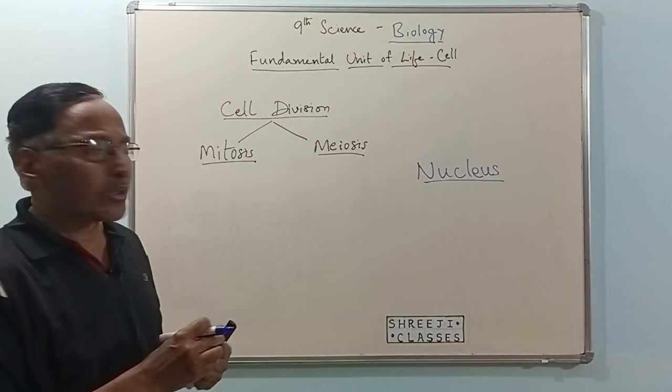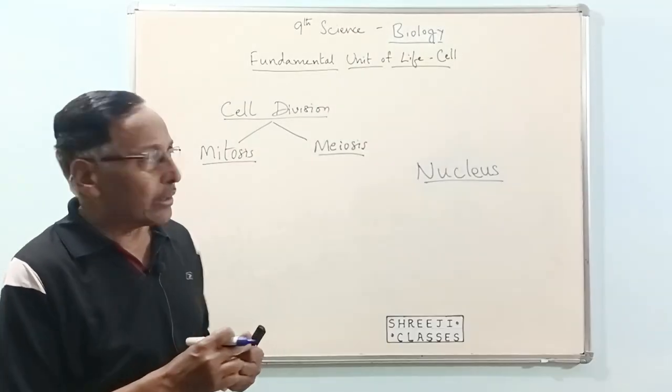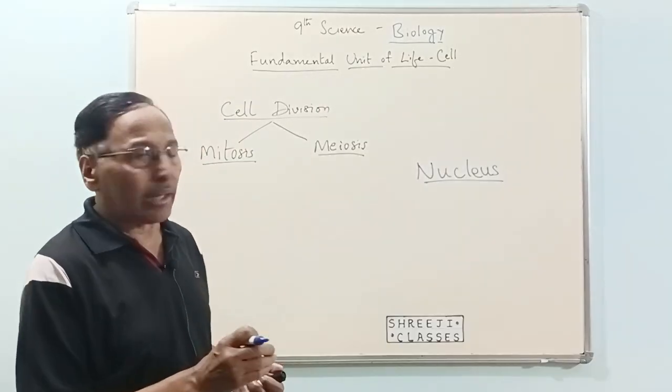This nucleus controls all the activities of the cell and therefore is called the brain of the cell.